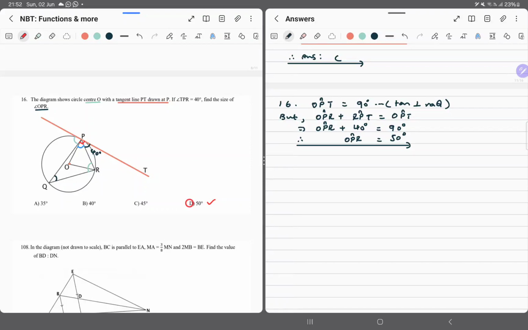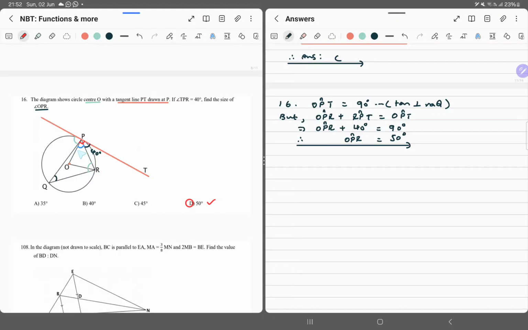Nice and easy. So knowing the theorems well is key, guys. And make sure you are answering the right question also. Because I was thinking of POR now. That's why I was saying this is not going to help.